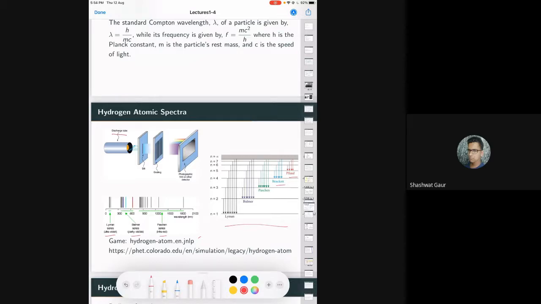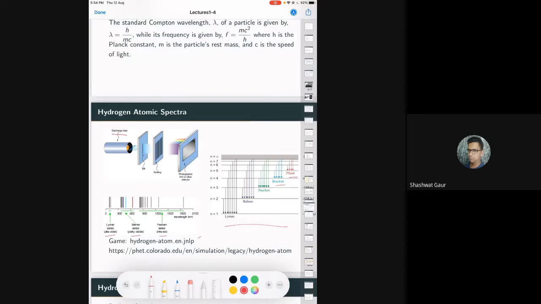And when the electrons jump between these levels, they can only emit certain frequencies of energies corresponding to the gaps of these levels. And that leads to a line spectrum.